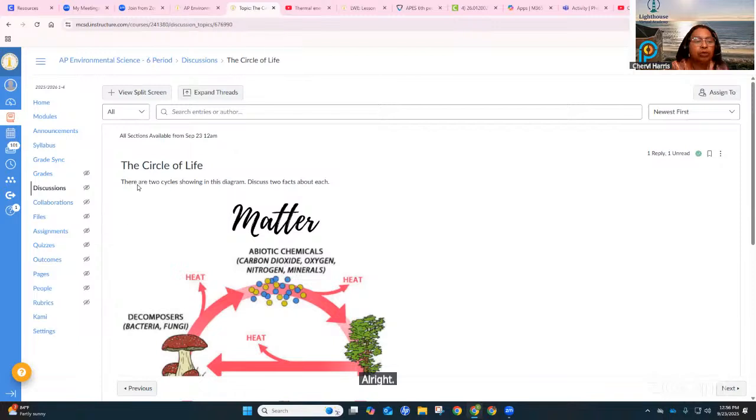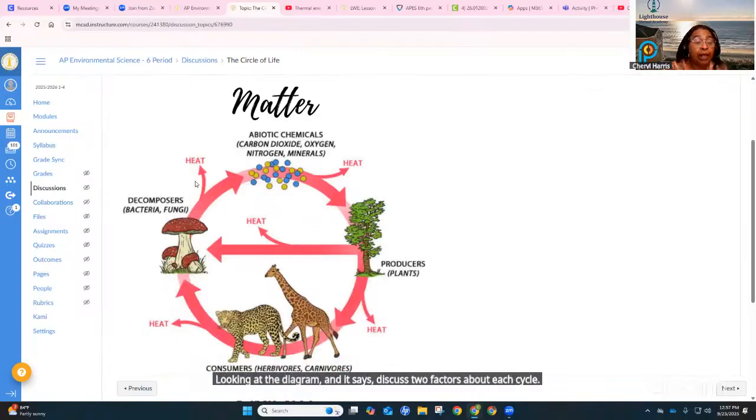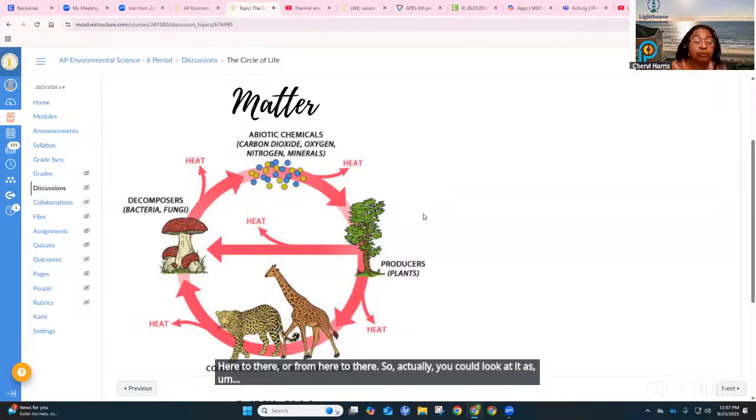So you are looking at the diagram, and it says discuss two factors about each cycle. So you have an outer cycle, and you have one that goes from here to there. Actually you could look at it as 3 cycles.